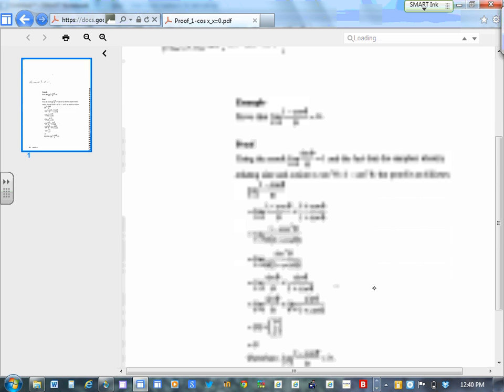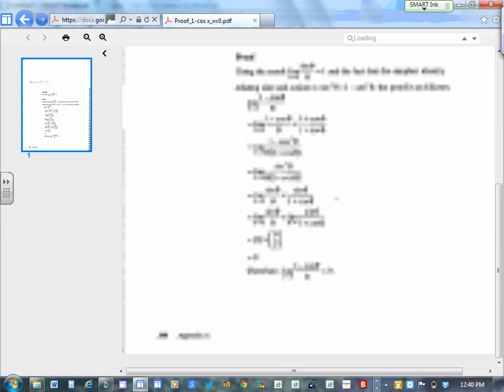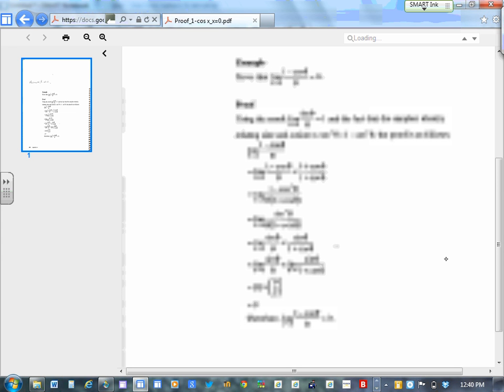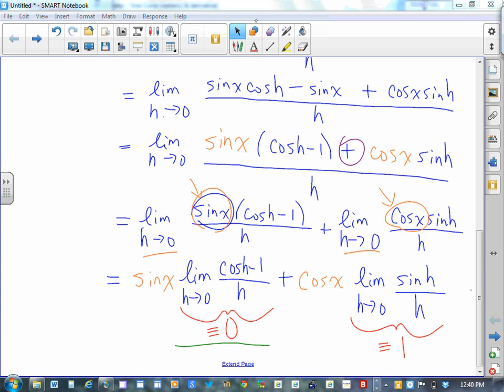It's going to take moments for it to adjust, but again, please do access that, and then you'll be able to see a proof for that.